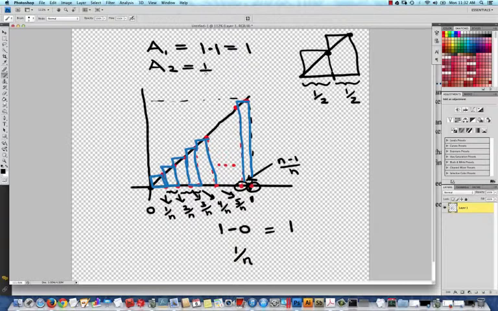So this becomes 1/2 times 1/2, that's the first rectangle, plus 1/2 times 1, that's the second rectangle. That's 1/4, and this is 1/2, so 1/4 and 1/2 is equal to 3/4. So A sub 2, the area for 2 subintervals, is 3/4.